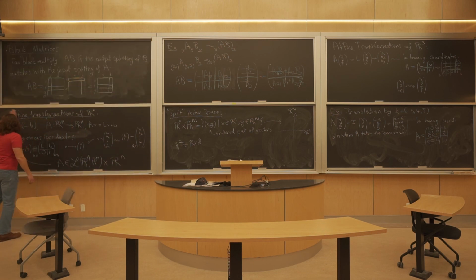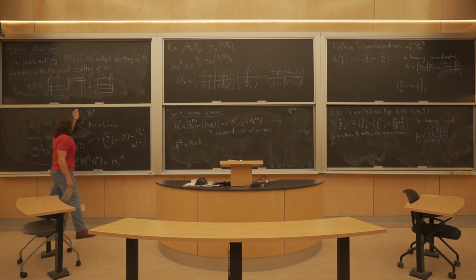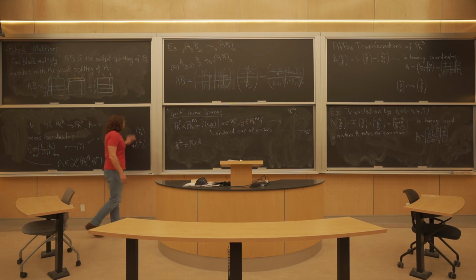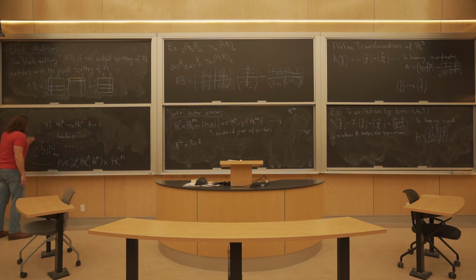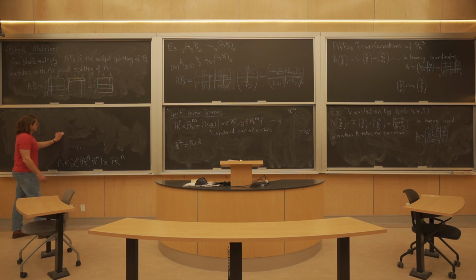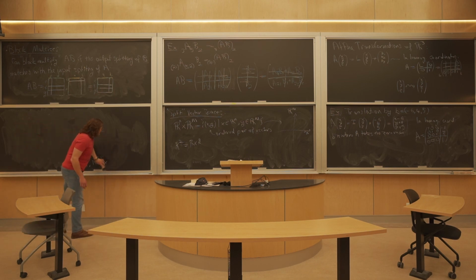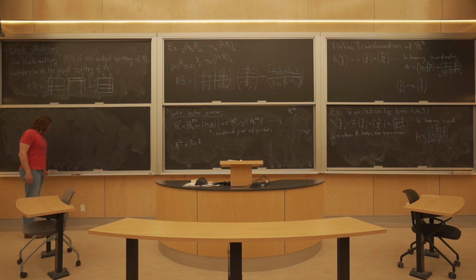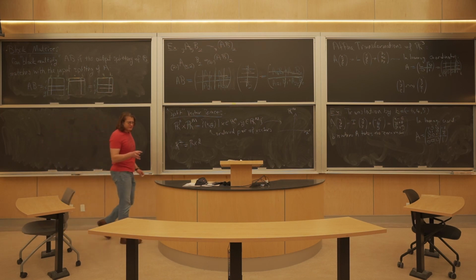So let me do a 2x2 example, for instance, just to give an example of this idea of encoding a transformation in a matrix, or as an affine transformation. So let's say that I want to look at the transformation that rotates the xy plane.